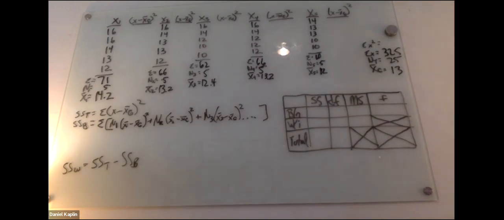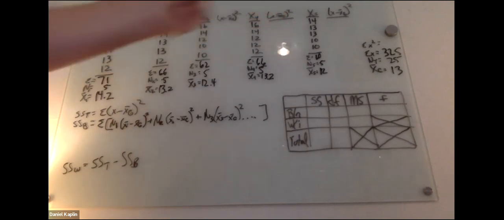Now we're ready to calculate sum of squares total. Now the sum of squares total is the sum of the x minus x bar g squared column. So I'm going to do it in the column here. I'm going to work through my columns.